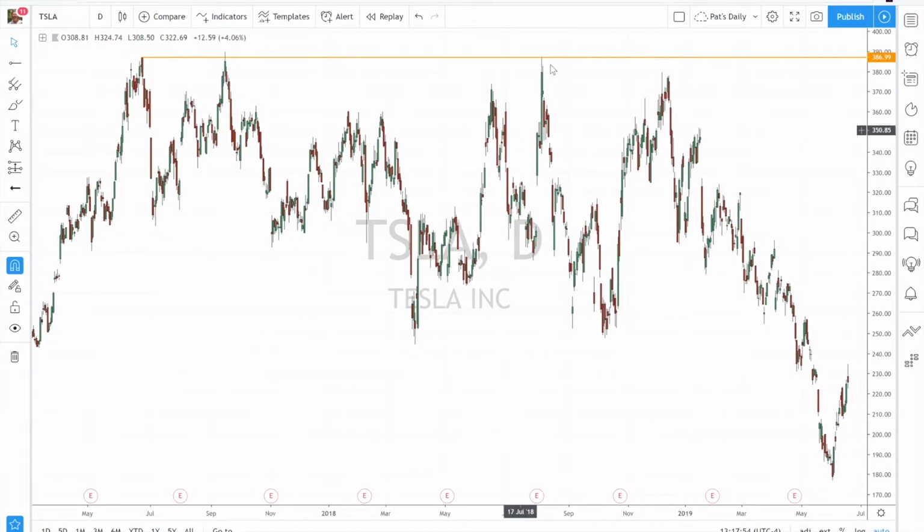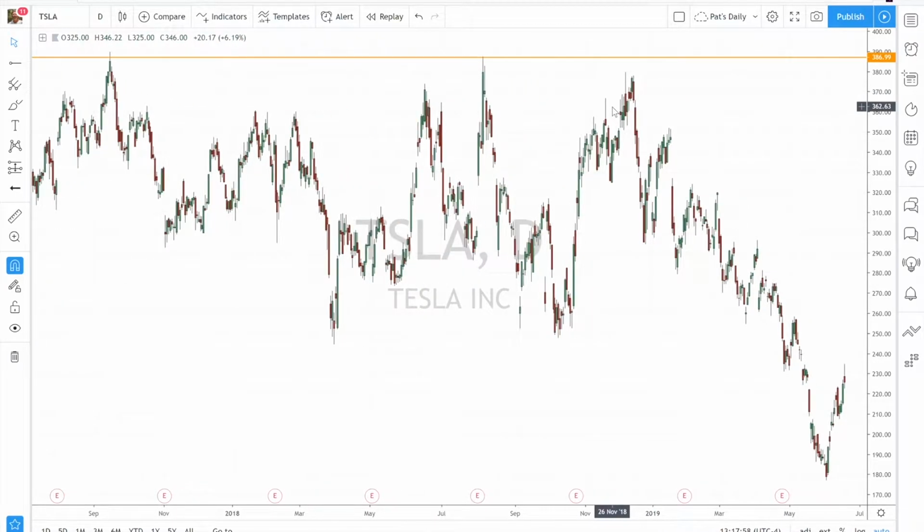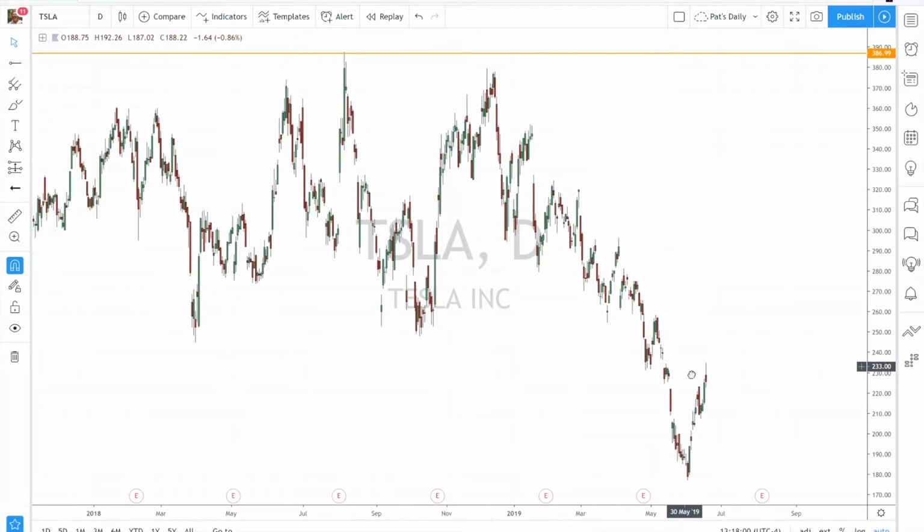Approached it there, dropped down, approached it again, got knocked back down, approached it this time, didn't quite make it. But who knows what's going to happen in the future here, but if Tesla does get back up to this 390, 387 level, you can expect some pretty heavy selling.